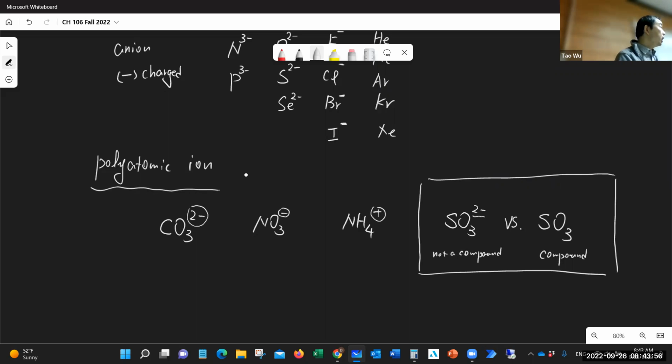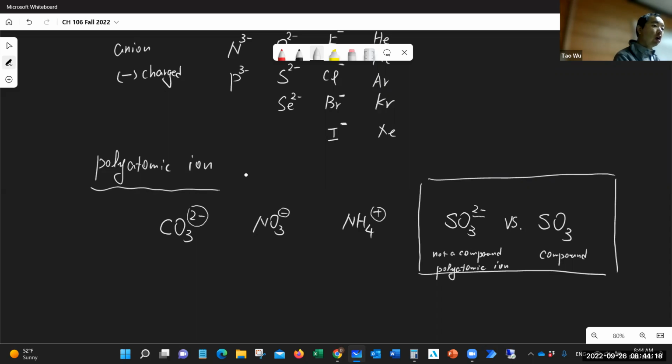A compound always has a 0 charge. Instead, SO3 2 minus is what we call a polyatomic ion. It's not a compound, it's a polyatomic ion.